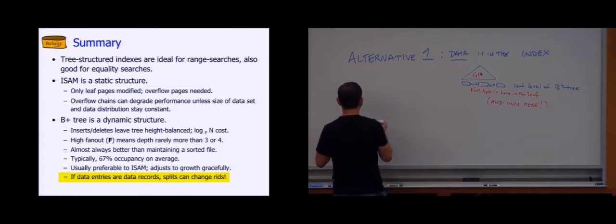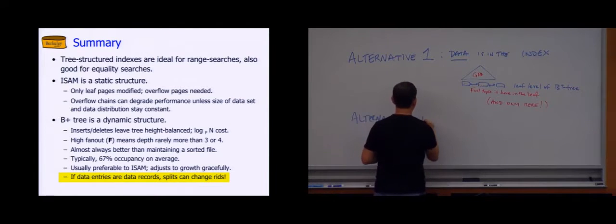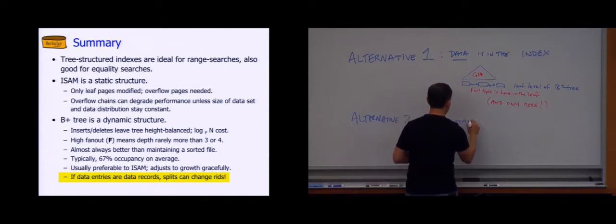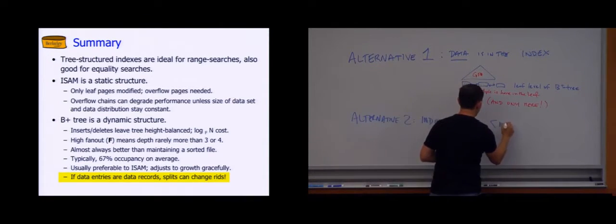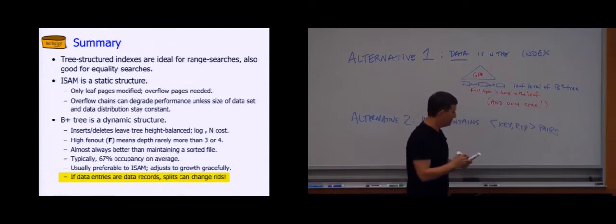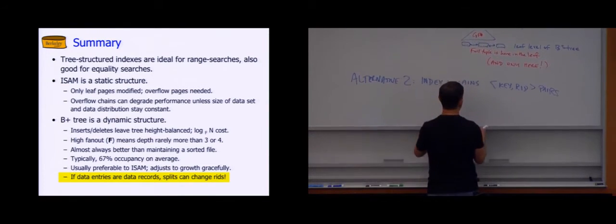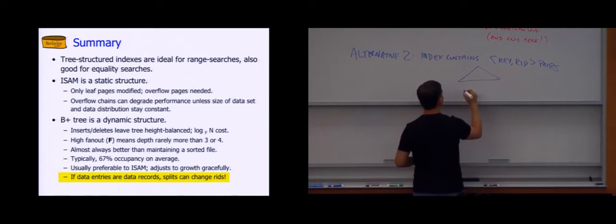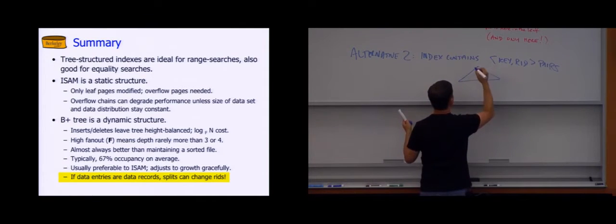Alternative 2, the index contains key, comma, RID pairs. In a B tree, they would be in the leaf. So in the leaf of the B tree, in this picture, we might have a B tree on email address of a student.